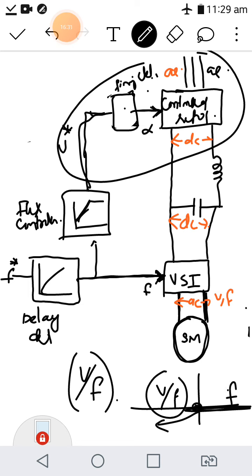Voltage has to remain constant. So this controlled rectifier pulses, based on that we can control this DC voltage by controlling these firing pulses here. The firing pulse can be controlled by generating a reference voltage based on this V by F operation.